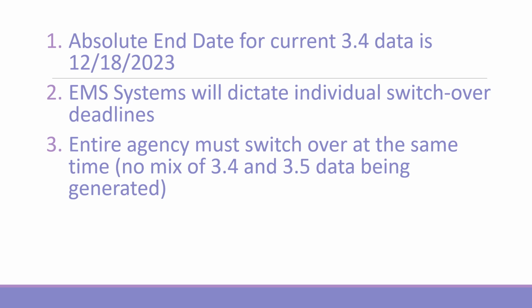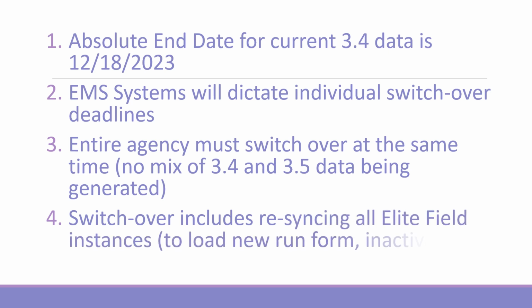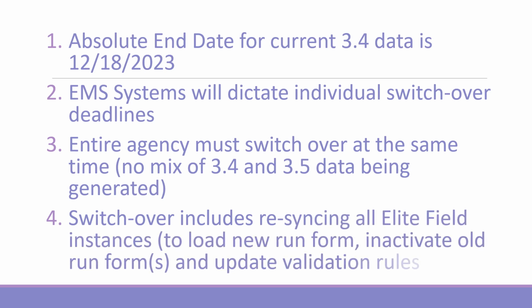So if you took 3.4 down at 7 o'clock in the morning, and you logged in at 7 o'clock in the morning, you would sync all resources and that would bring down the absolute latest changes in run forms, validation, visibility, all that good stuff. So the switchover needs to include resyncing of all Elite Field instances. As I said, that's when all that takes place.